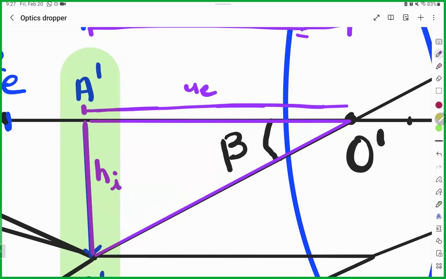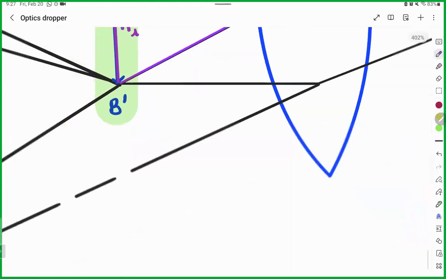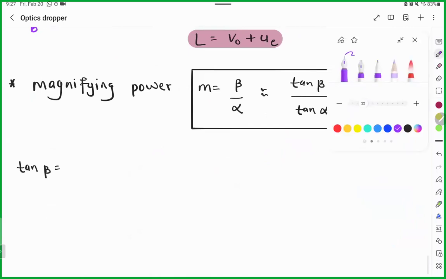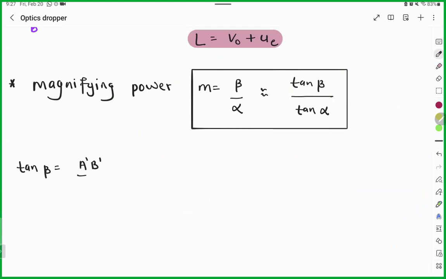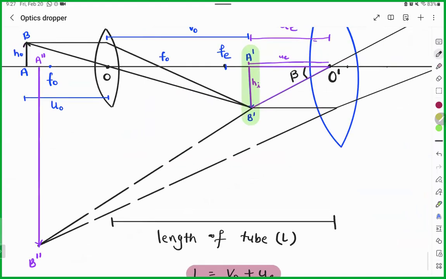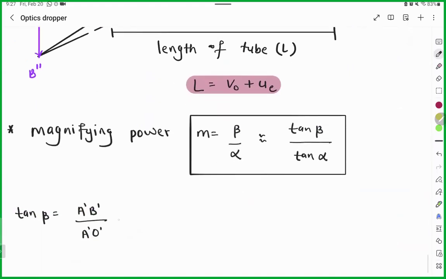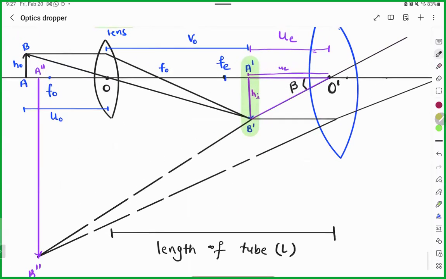Any doubt? So in this case, beta will be equal to A dash B dash divided by A dash O. A dash B dash is the same thing, and A dash O is equal to UE.